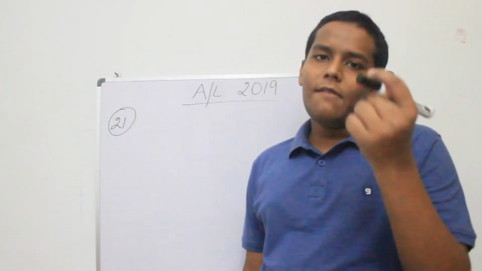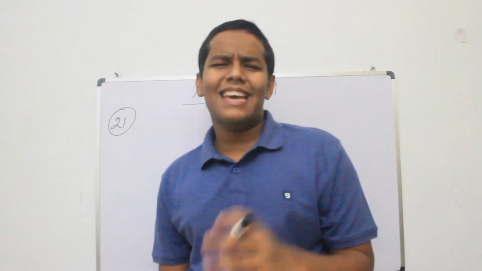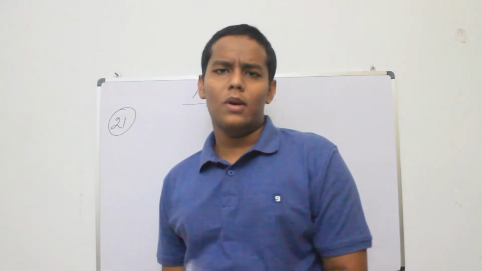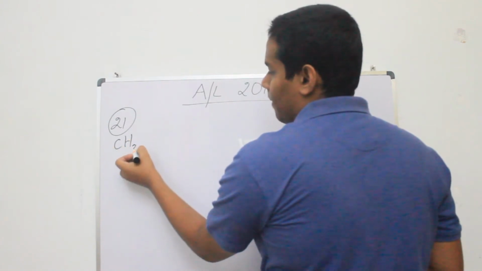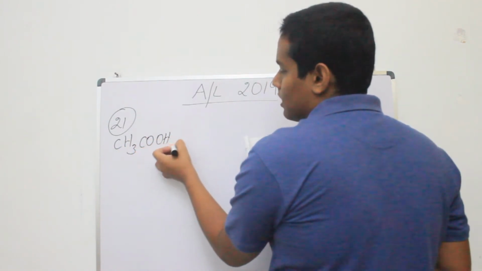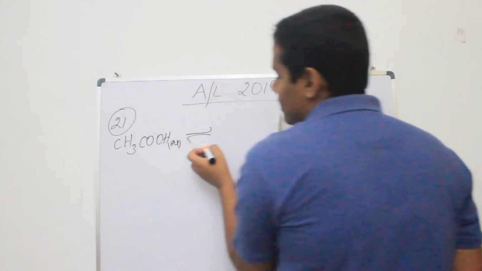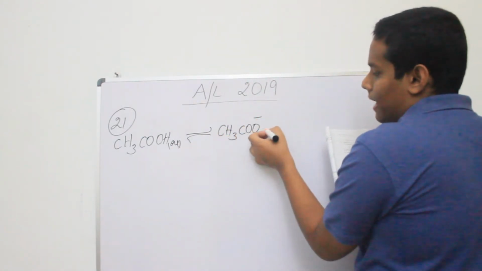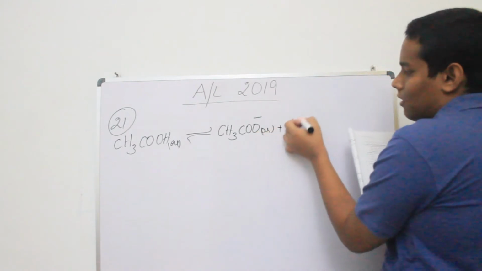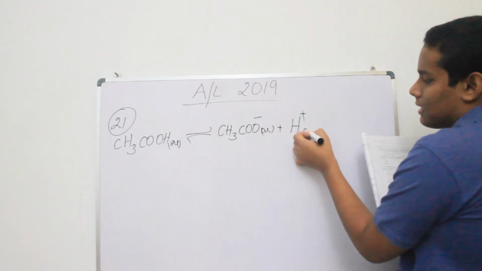Now it's a monobasic weak acid. Just take an example, CH3COOH, an example that we are more familiar with. CH3COOH aqueous reversibly dissociates to give CH3COO minus aqueous plus H plus aqueous.